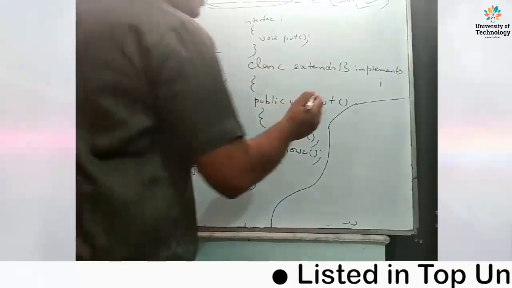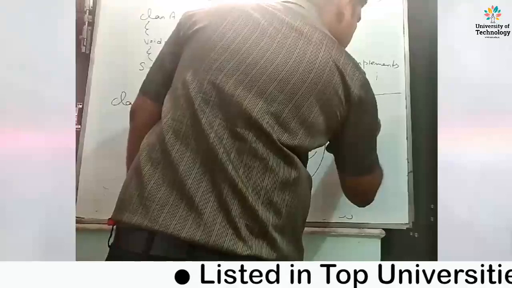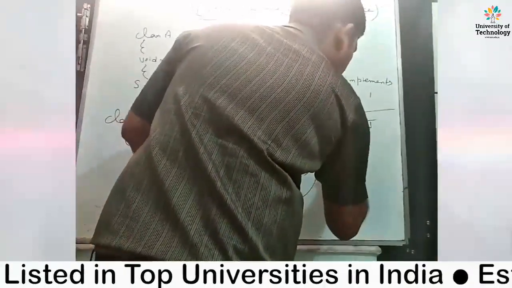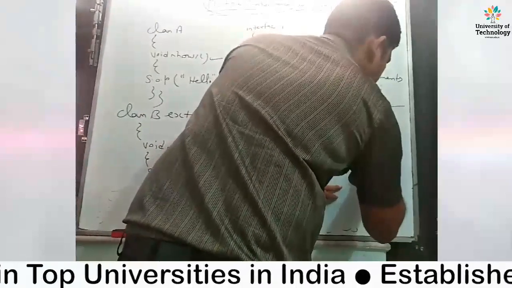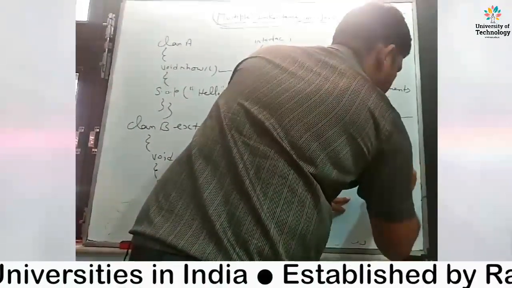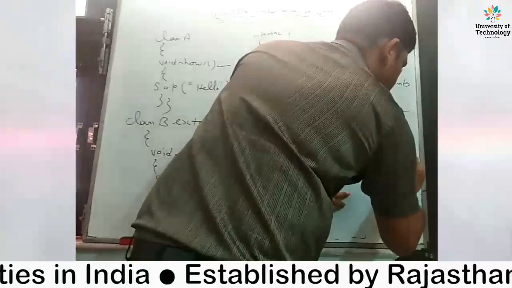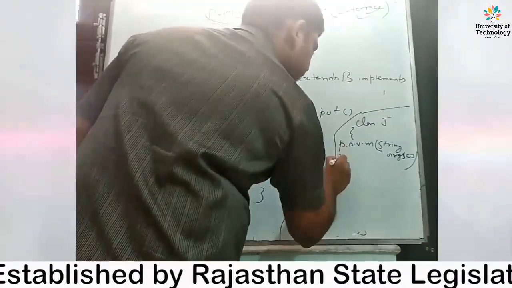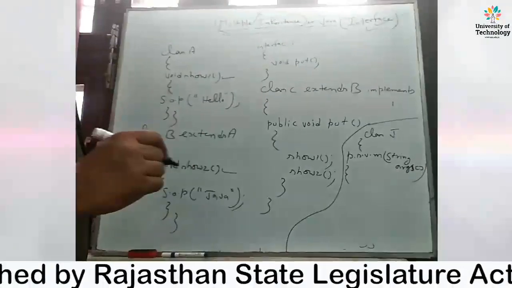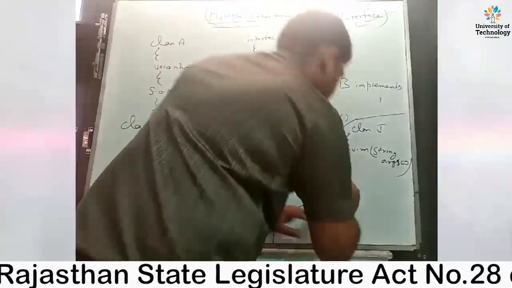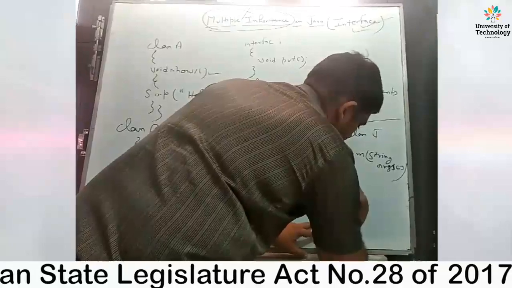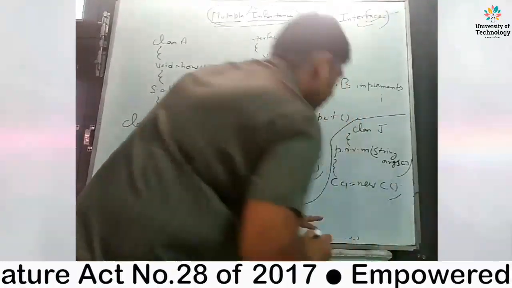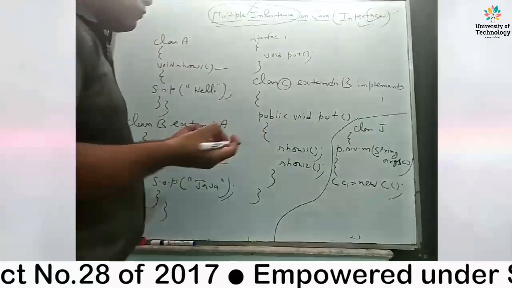Now we have to make a main class J, public static void main, String args. Now we have to create an object of class C, C1 equal to new C. Now what should we do?